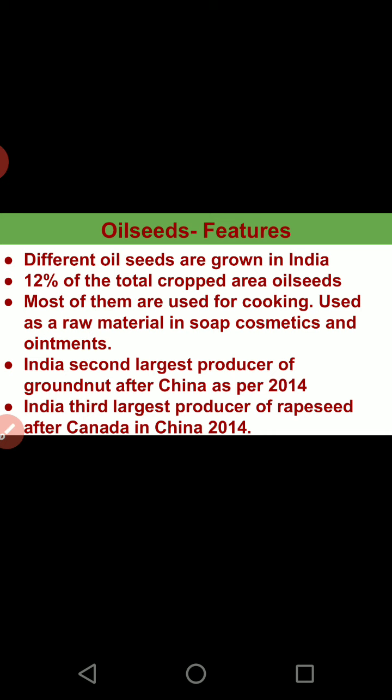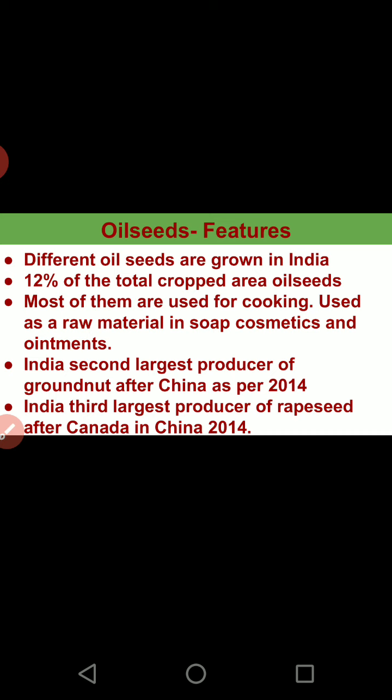And most of these are used for cooking. Some of them are also used as a raw material for soap, cosmetics and ointments. So it is both a food as well as an industrial crop.